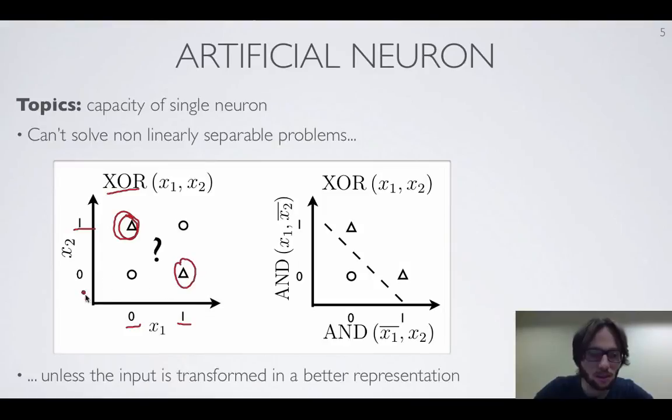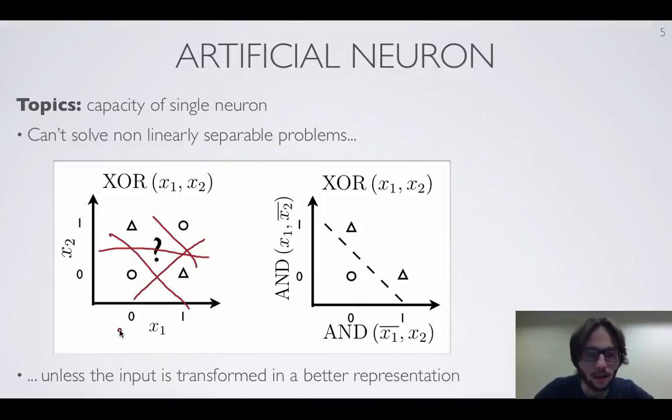In this case, we cannot draw a single line that separates on one side all of the zeros and on the other side all the ones. So it's not linearly separable, and yet it's actually a very simple problem. This suggests that a single artificial neuron will not be sufficient for many problems where we want to perform this kind of binary classification.